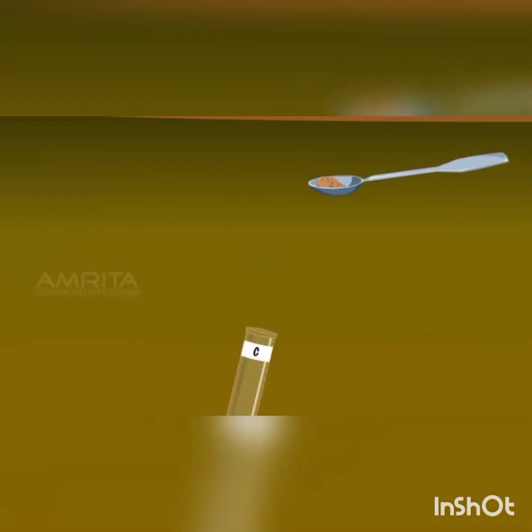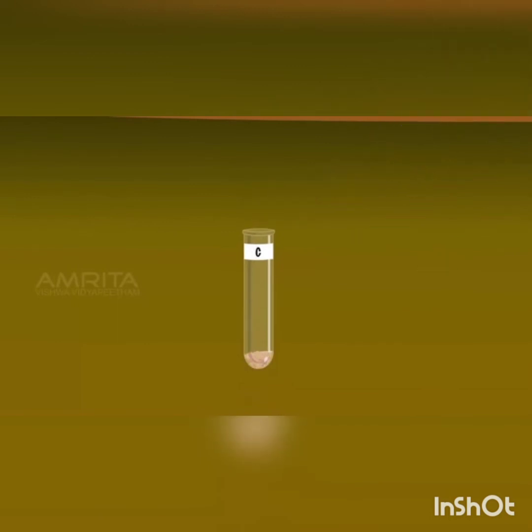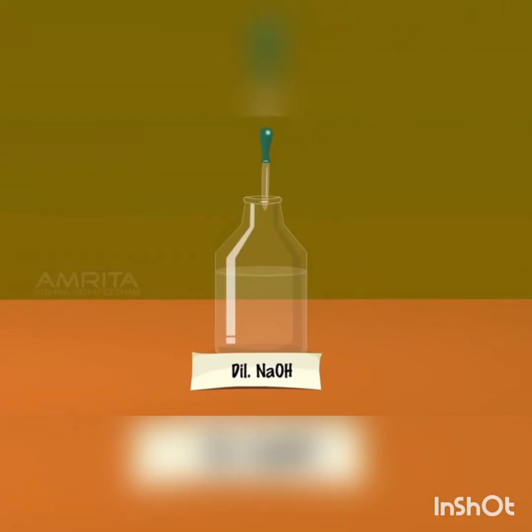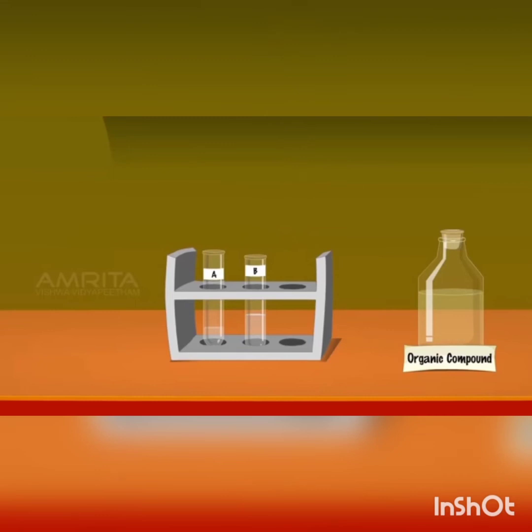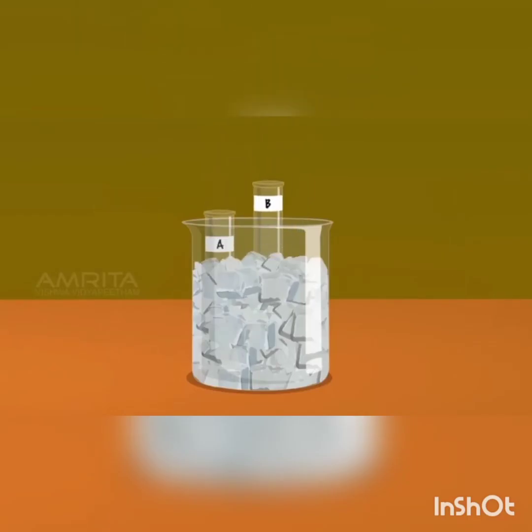Transfer it into test tube C. Using a dropper, take a small quantity of dilute NaOH. Add it into test tube C and shake the test tube well to dissolve naphthol. Take the test tubes, place them in an ice bath and cool the test tubes for some time.